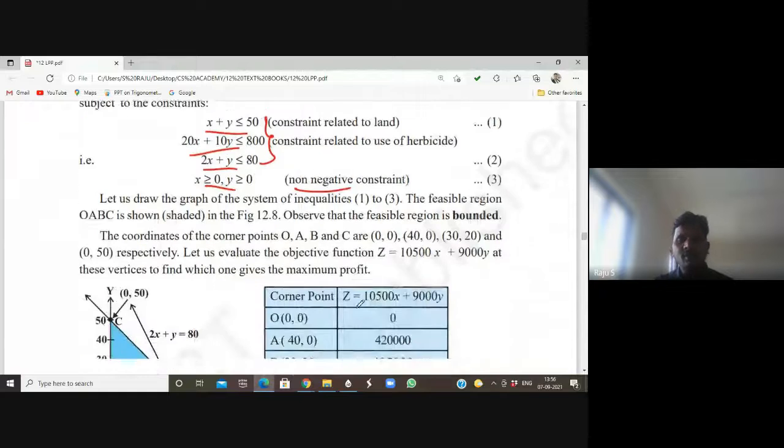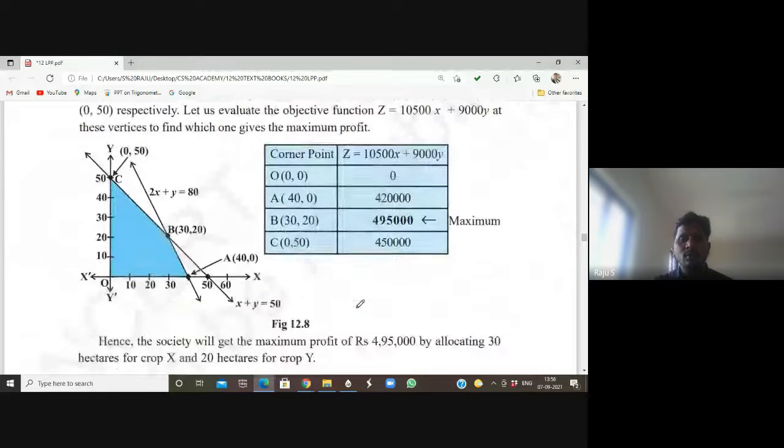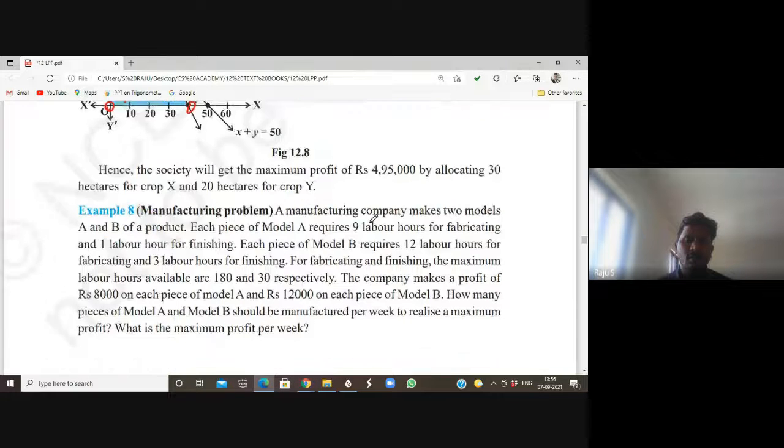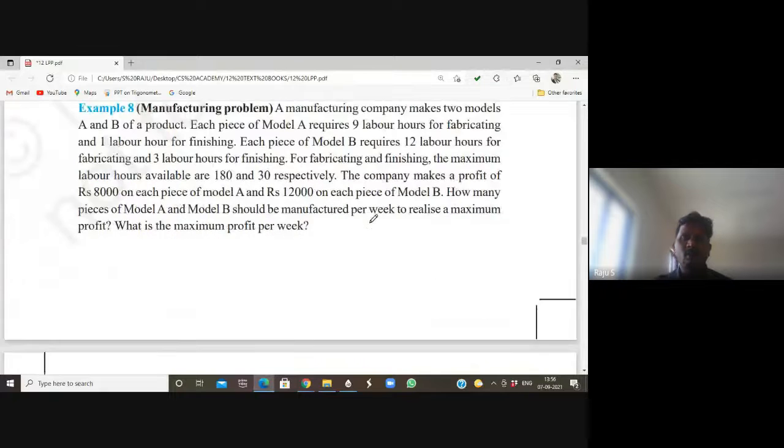After that, we draw the graph of the lines and find the solution region of the inequalities. Then you find the feasible region and get the corner points. At each corner point, you find the Z value, whichever is maximum, that is the optimum value. Like that the word problems will be given.